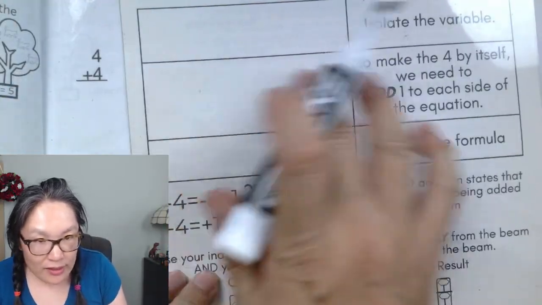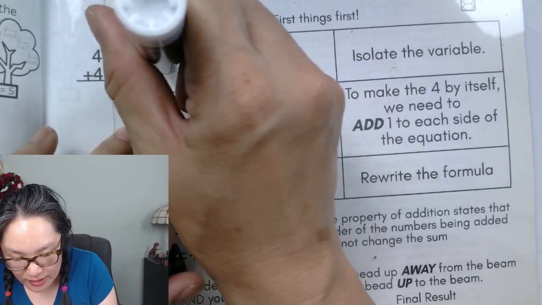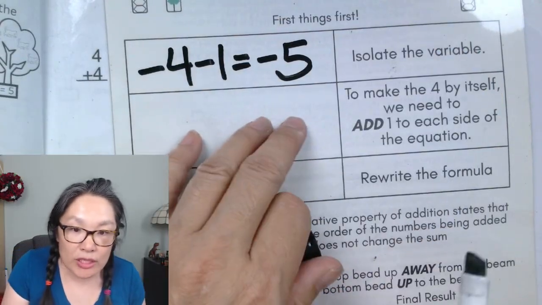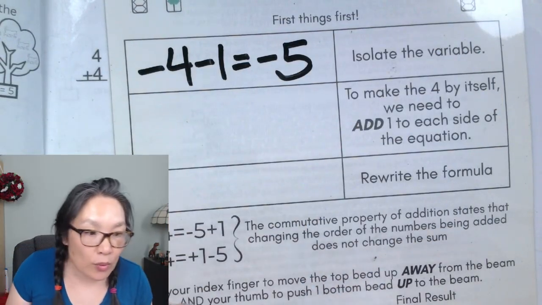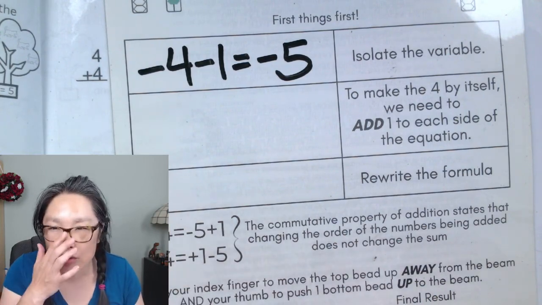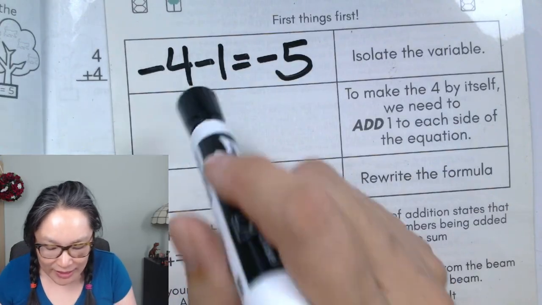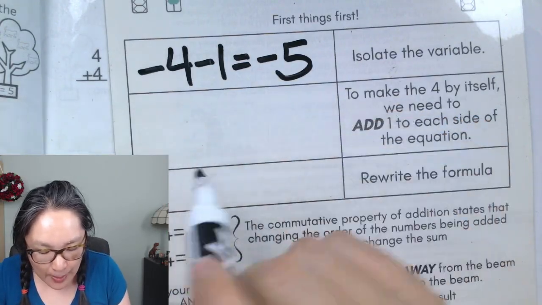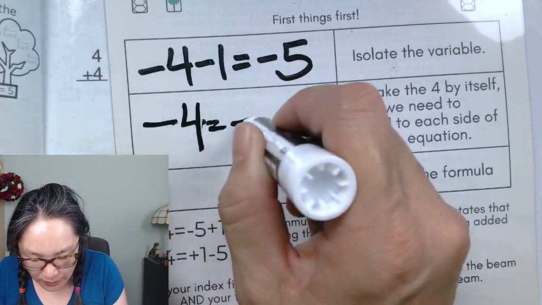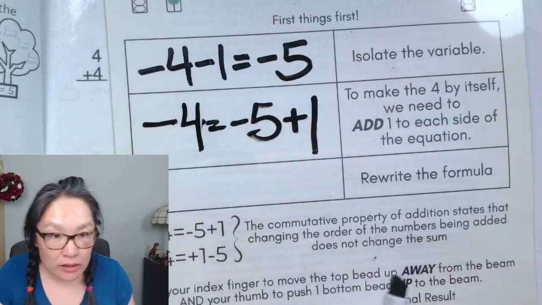But then when I write the equation, it will look like this. 4 minus 1 equals minus 5. Now, do we do negatives? No, we don't do negatives. We don't use a negative number, but we do use subtraction, if that makes sense. So again, when we modify this formula, we want to minus the 4 is equal to minus the 5 and then plus the 1.